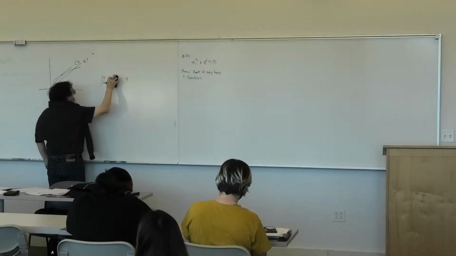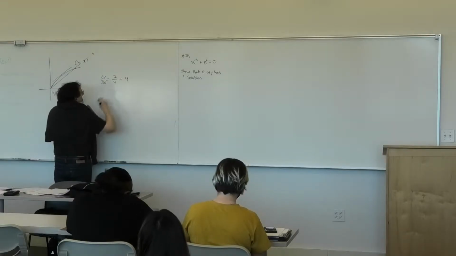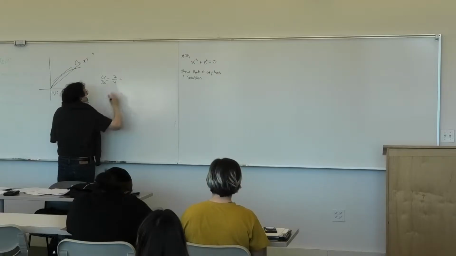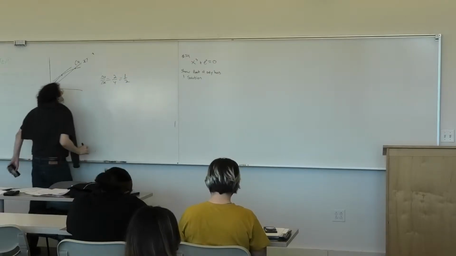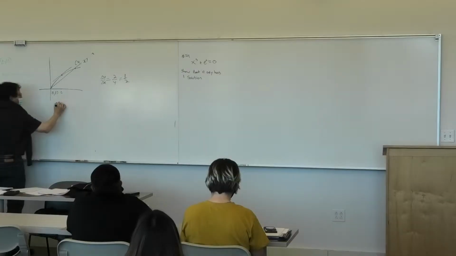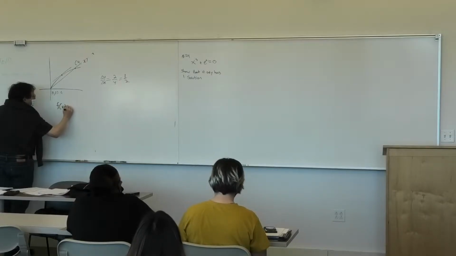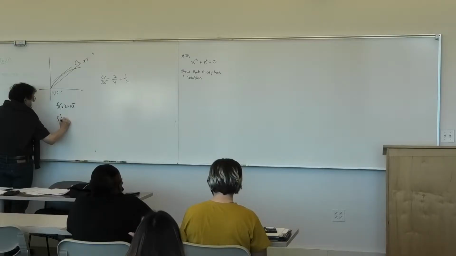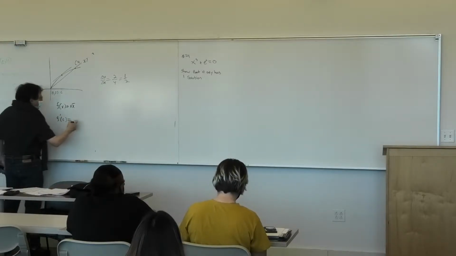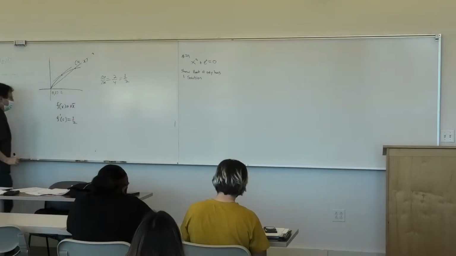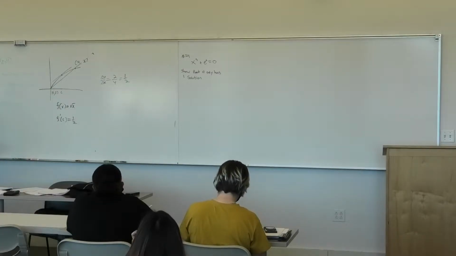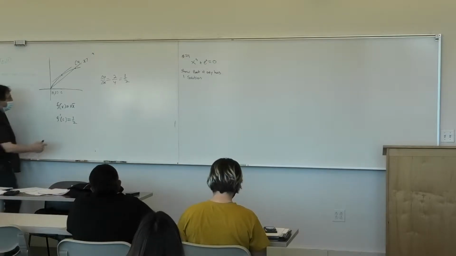So it's 1/2. So our function is square root of x. We want the derivative at c to equal 1/2. That's the setup, and from there it should be pretty easy.